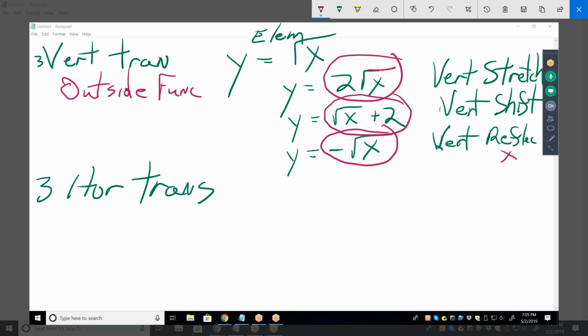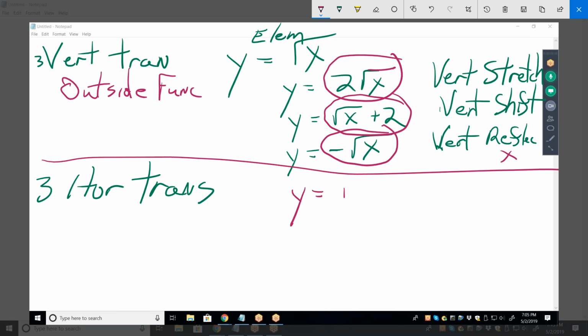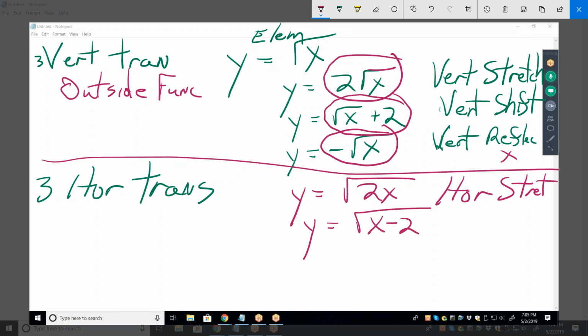Let's talk about horizontals. That is a horizontal stretch. Notice it's inside the function. That is a horizontal shift. Notice that it's inside the function also, and it's not a multiplier, it's adding or subtracting.